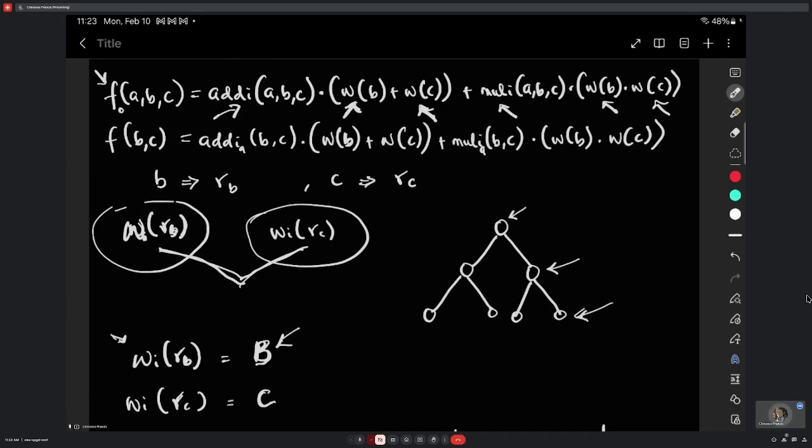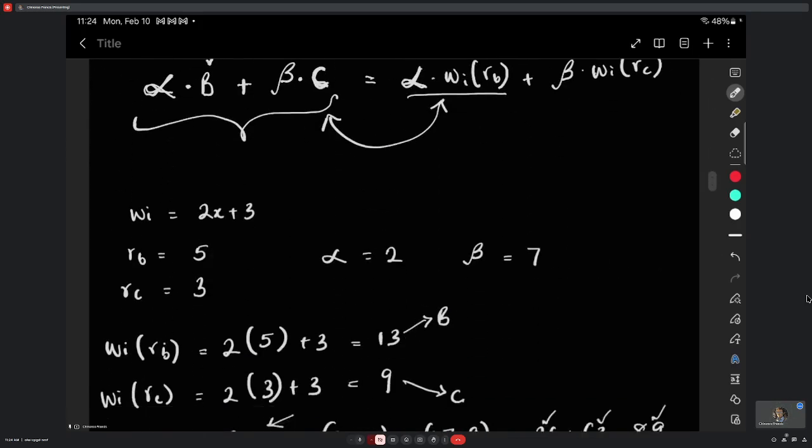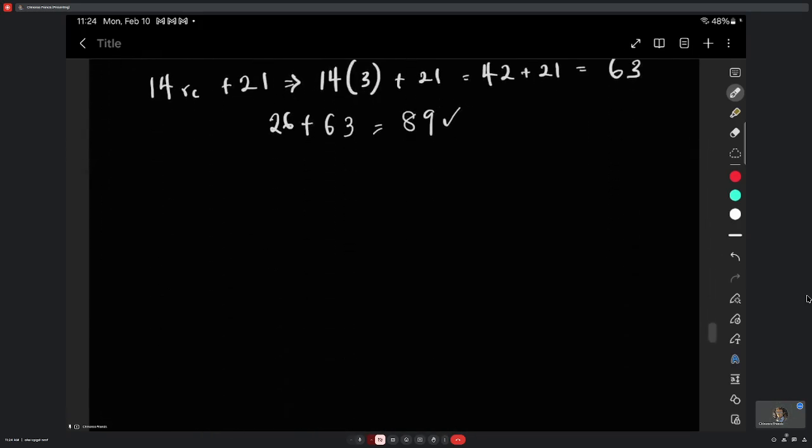So the verifier can generate add I and mult I, but the verifier cannot generate the W polynomial. So that is why we just focus on proving the W polynomial evaluated at B and the W polynomial evaluated at C. That makes sense, right? Okay, so hope no questions before we continue.